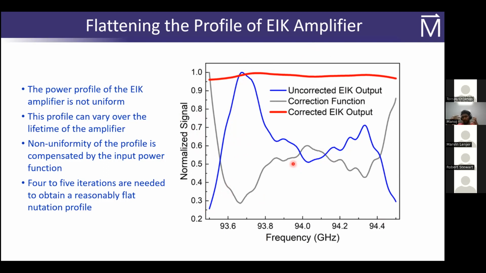Then we did this back and forth about 4 to 5 times until we obtained a much flatter profile from the EIK output. Once we have this correction function, we can then multiply it with the WURST window function, which guarantees us that we have a uniform excitation profile.